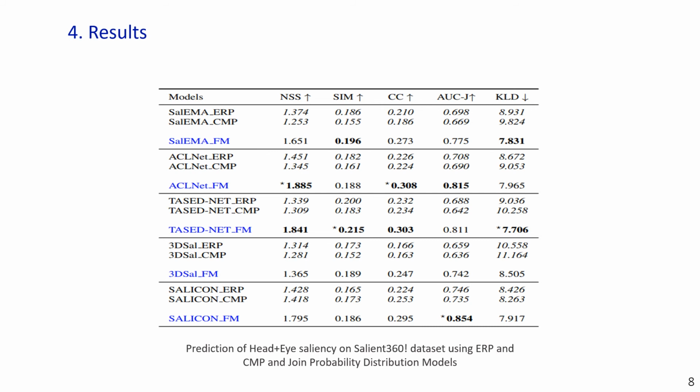ACLNet and Salicon use an attention mechanism and a two-stream design, respectively, for robust global attention modeling. 3D SAL and TZNet use 3D convolutions for spatio-temporal feature extraction, while Salima's main contribution is a conceptually simple exponential moving average of the internal convolutional state.